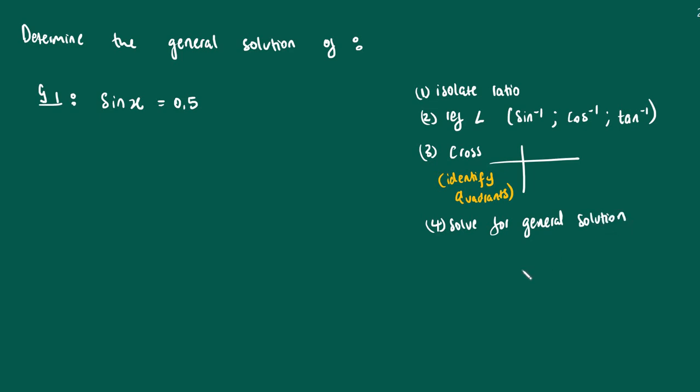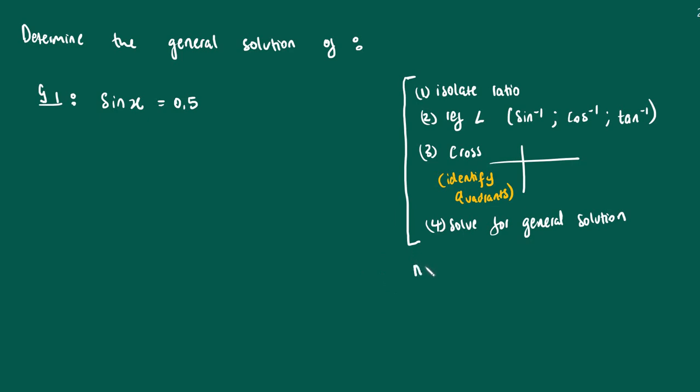So it's only 4 crucial steps that we need to follow every time, which I think if you can just memorize this and do a lot more questions, you are able to remember this. Isolate the ratio, reference angle, cross, meaning identify the quadrants, and then solve for the general solution. Let's just take note.